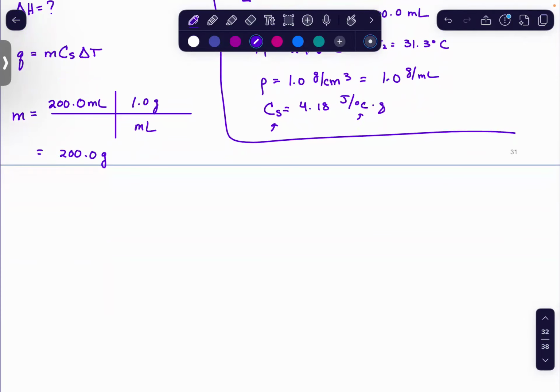Okay, so the Q, we're going to see what the heat for the solution was.